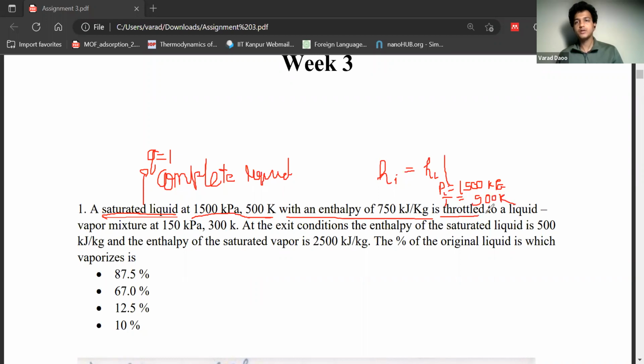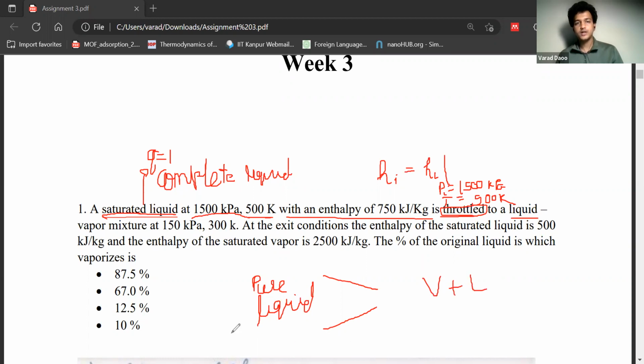And it is throttled. Remember, what we have used is throttle. The pure liquid is throttled to a liquid-vapor mixture. You can understand it like this: throttling takes pure liquid to vapor plus liquid.